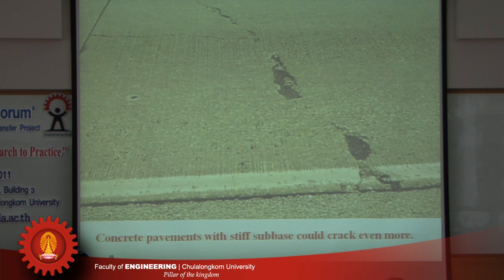This is contrary to what we have known conventionally, because conventionally we analyze it by assuming that the concrete slab is fully supported. When it's not, then having a stiff subbase may not help.